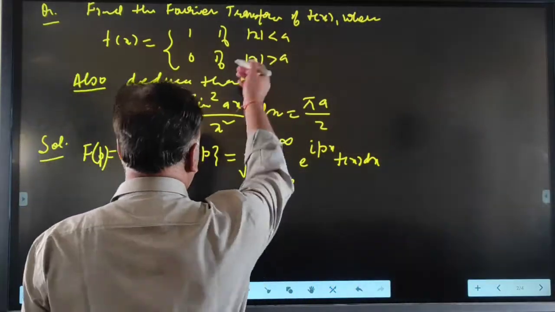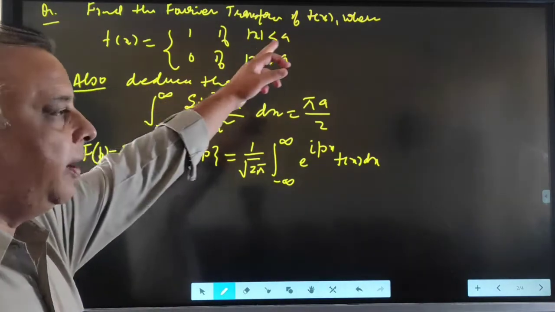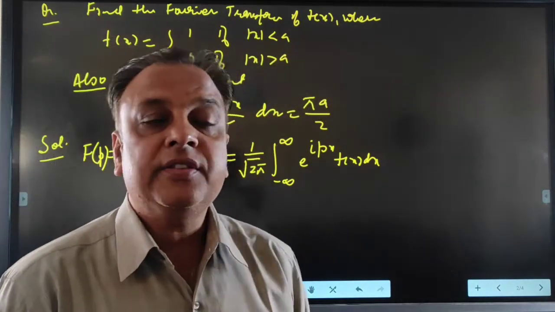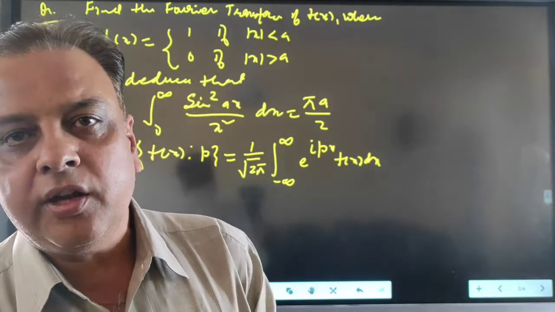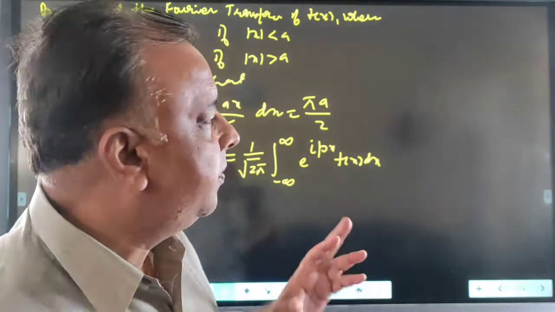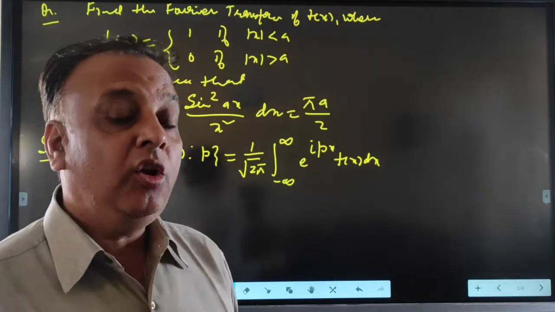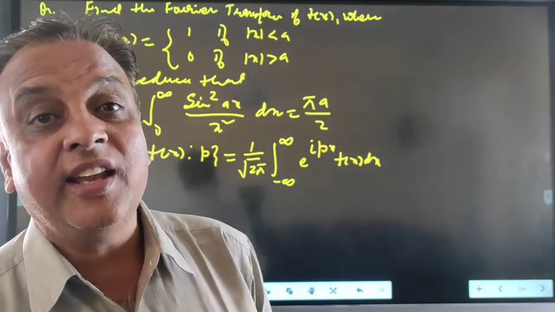So here the function f(x) is equal to 1 if mod of x is less than a, that is, if x lies between minus a to plus a, the value of the function is 1, and the value of the function is 0 if x lies otherwise.